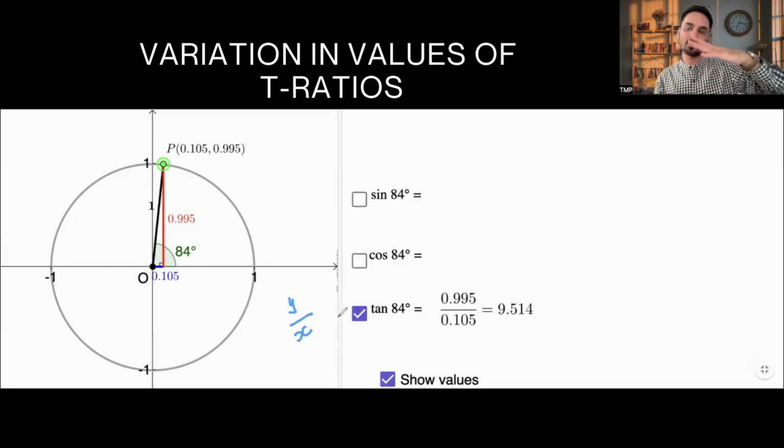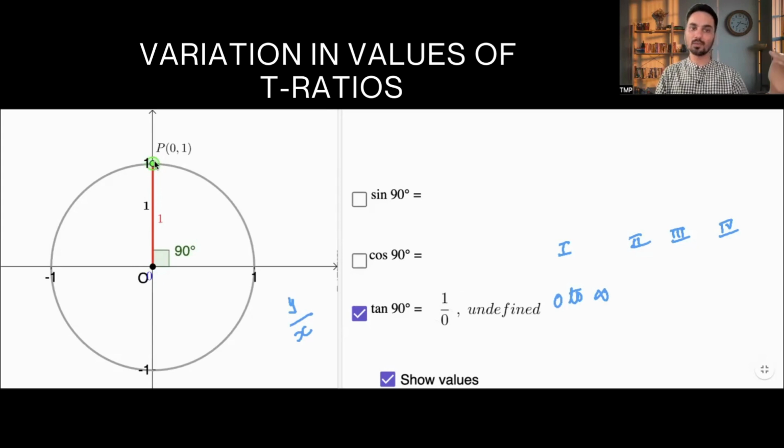As the denominator of a fraction approaches 0, the fraction approaches infinity, given that the numerator is not 0. So we can say that in the first quadrant, the value of tan approaches from 0 to a large number, or we can call it infinity.